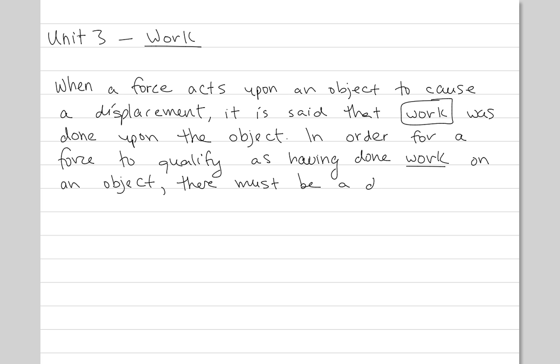There must be a displacement. So you can highlight these keywords. And more importantly, the force must cause the displacement.